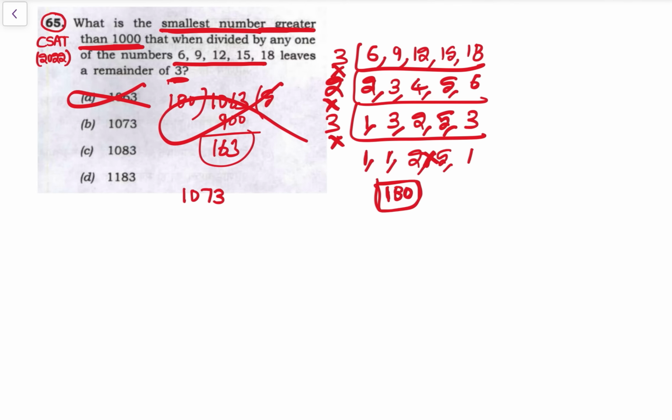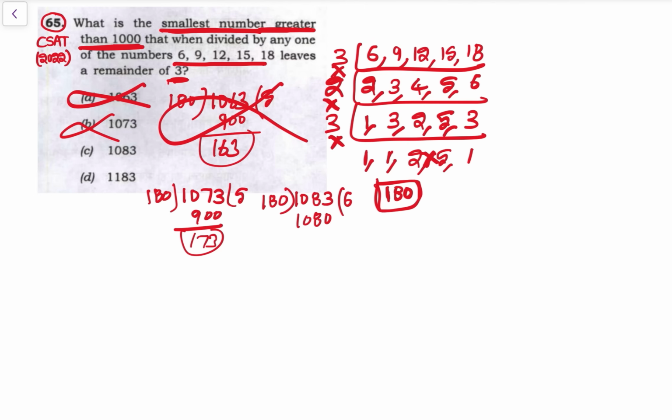Then 1073, again 180 into 5 is 900, so that is 173, not the answer. 1083: 180 into 6 is 1080, so remainder 3. This is the answer, we need the smallest number.